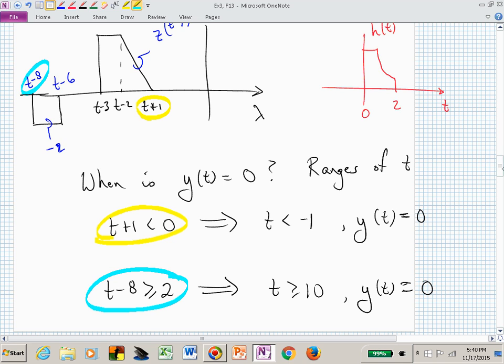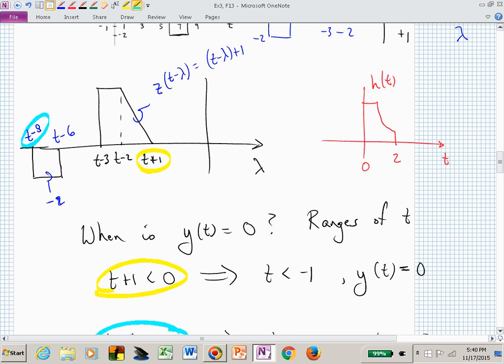But what I want you to see is that I've buried in here another interval of time when y of t could actually be 0. Do you see how that could happen? As I'm sliding z of t minus lambda, as I'm adjusting t, do you see that there's also an overlap pattern where I really don't have overlap between z of t minus lambda and h of t? Here is what I'm suggesting. What's this interval of time?